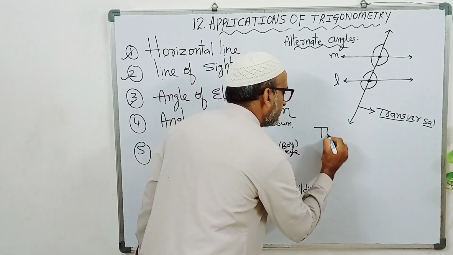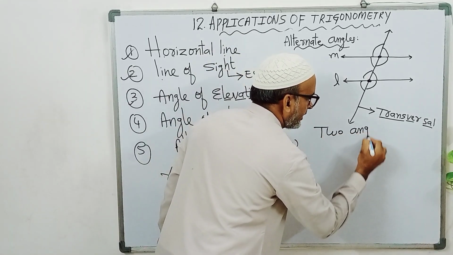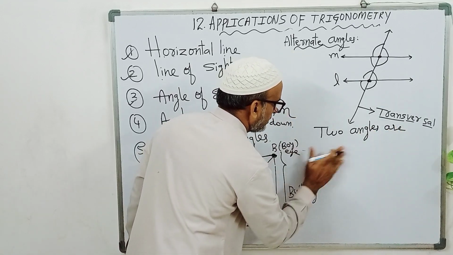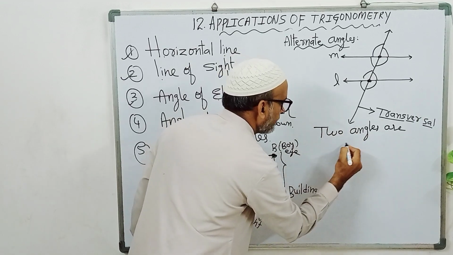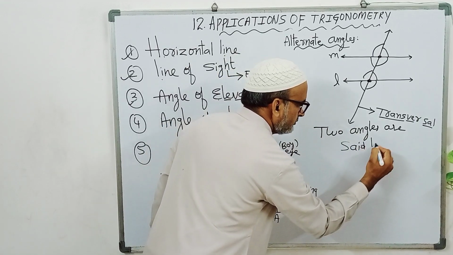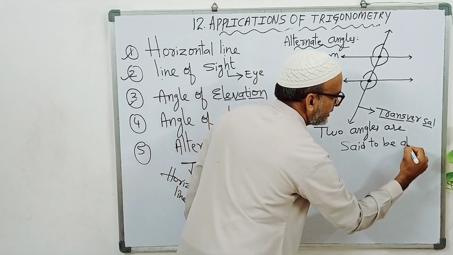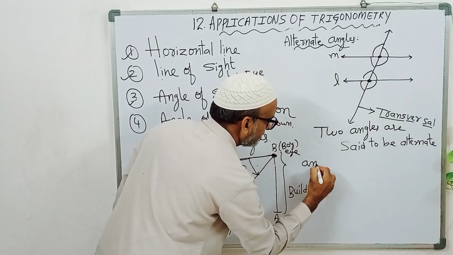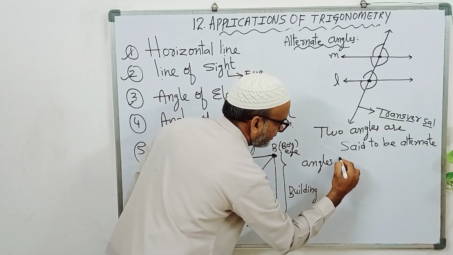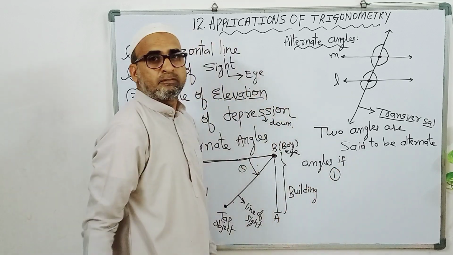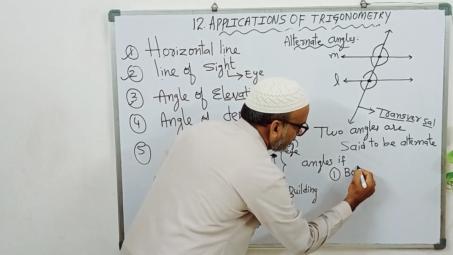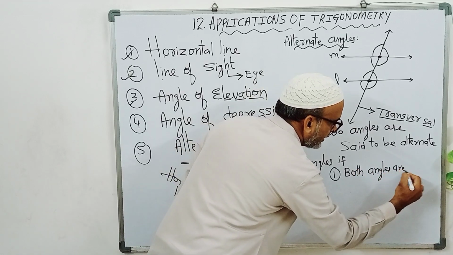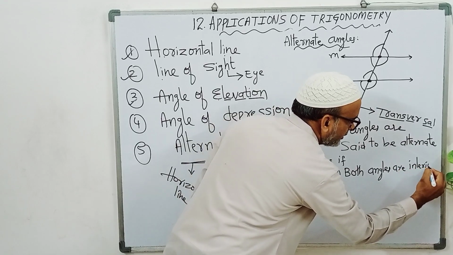Two angles are said to be alternate angles if, first point, both angles are interior, inside.